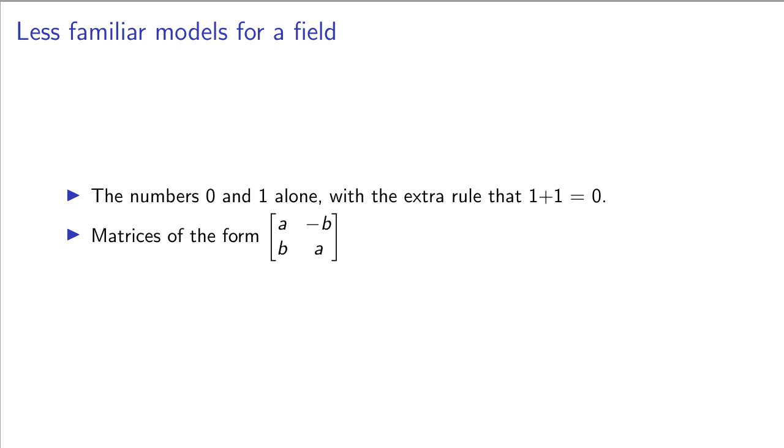But if you take matrices where the elements on the main diagonal are equal, and those off the diagonal are equal and opposite, you'll discover that those matrices satisfy all the axioms for a field. In fact, they behave exactly like the complex numbers. This matrix is equivalent to the complex number that we call a plus b times i.